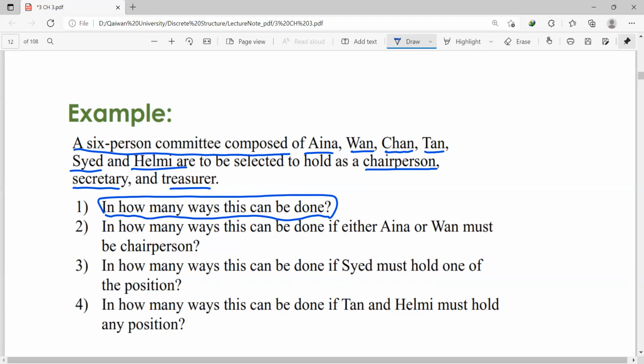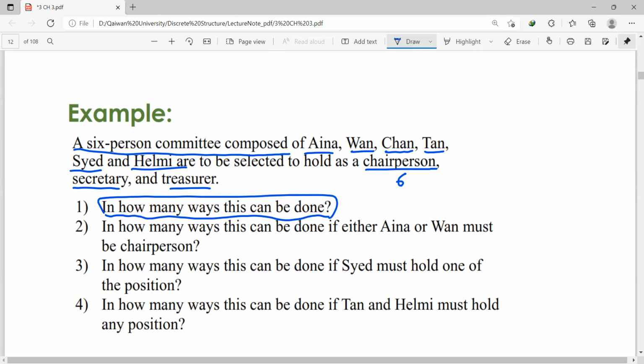Look, it's reducing the number of choices. For the first position, we are going to choose 1 among 6 for the chairperson.